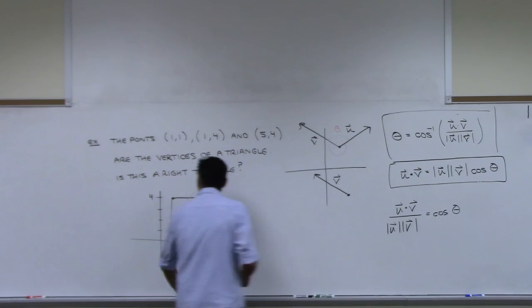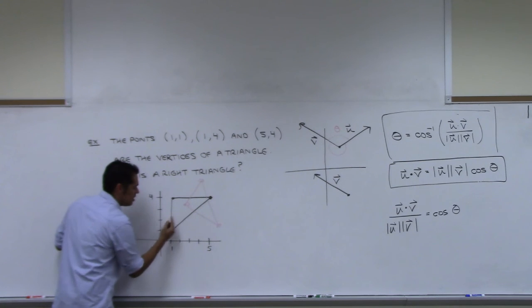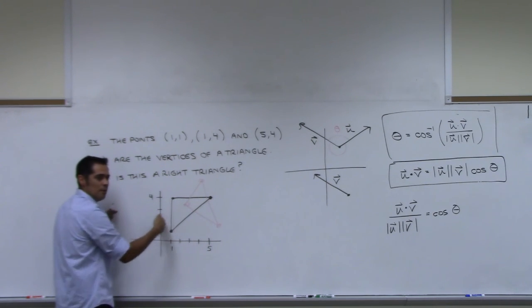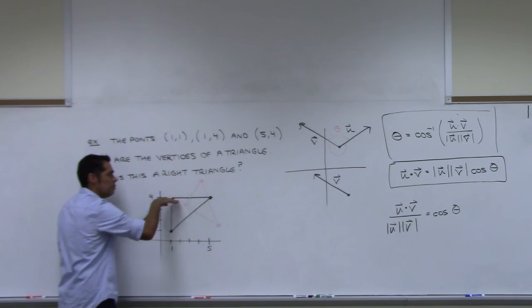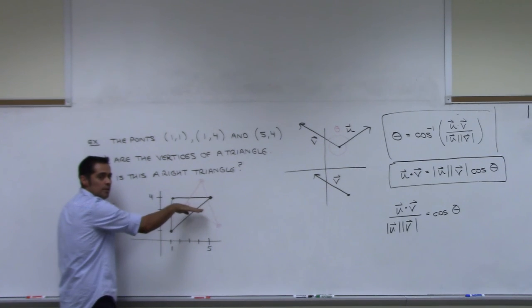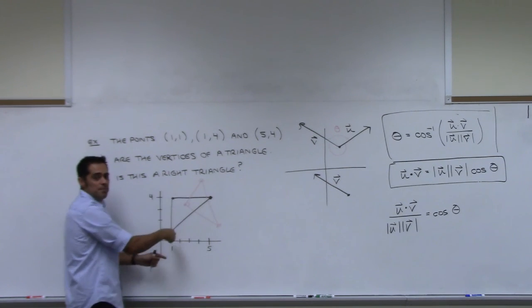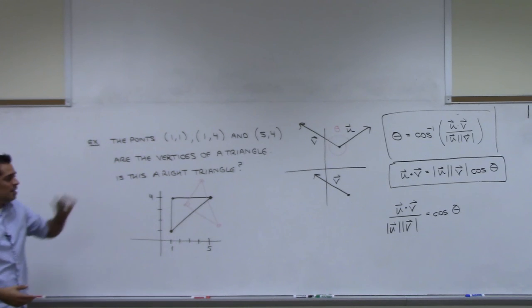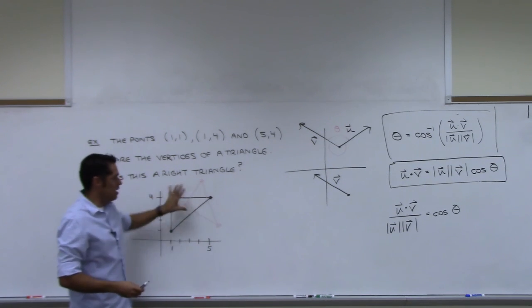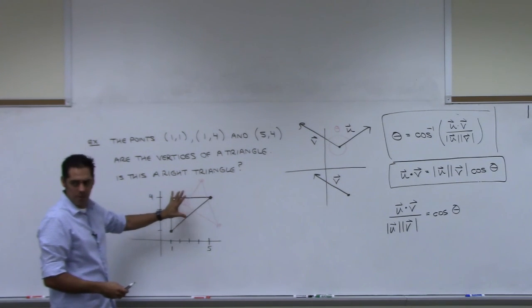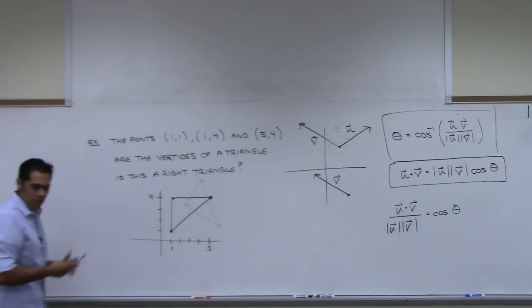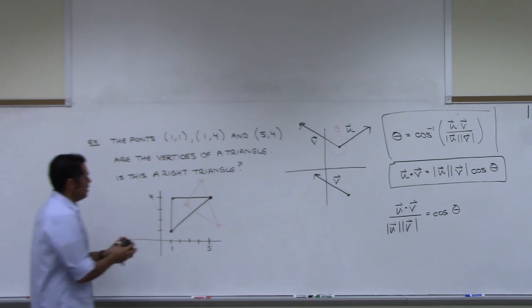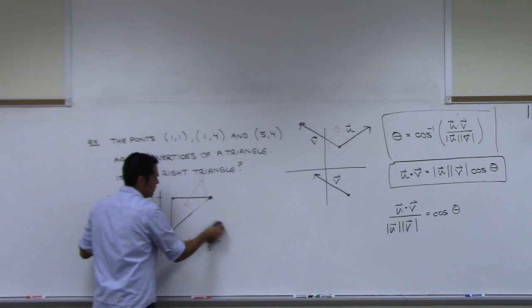Here, the reason you can tell me that is because you know that this point doesn't move left or right, and you know that these 2 points are on the same y coordinate. So you know that this must be 90 just by the points themselves. But you can have right triangles that don't fit like that onto the plane. Understand? So how can we use this information to verify that this is a right triangle?